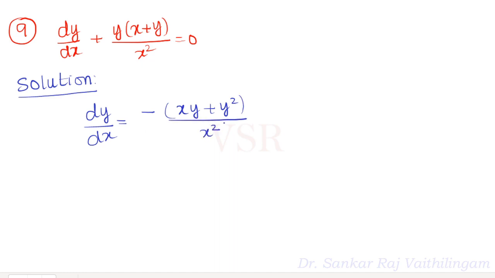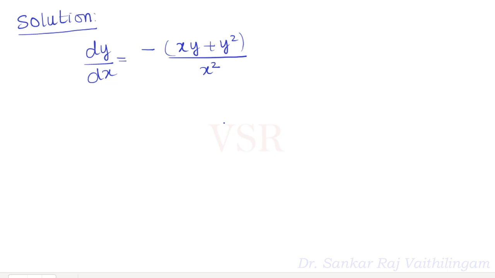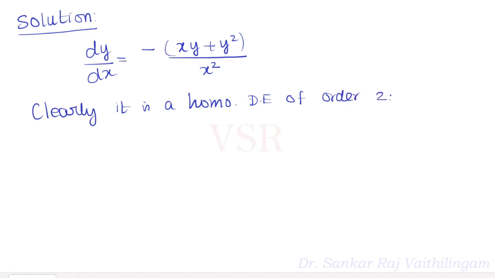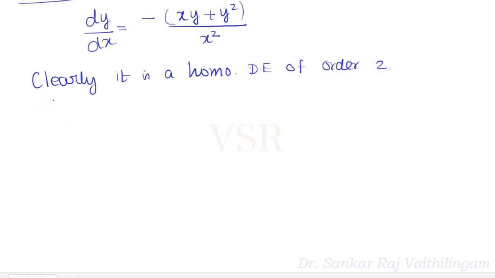So clearly it is a homogeneous equation, a differential equation of order 1. அப்ப ஸ்ட்ரைட்டா I'll get into the problem, so put y which is equal to v times x.